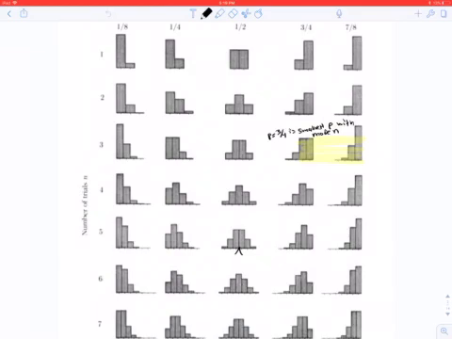We see that when p is 7/8, 3 is the mode, and when p is 3/4, 3 shares the mode with 2, but that's it. 3 is still the mode. But if p is any less than 3/4, then 3 will no longer be the mode.